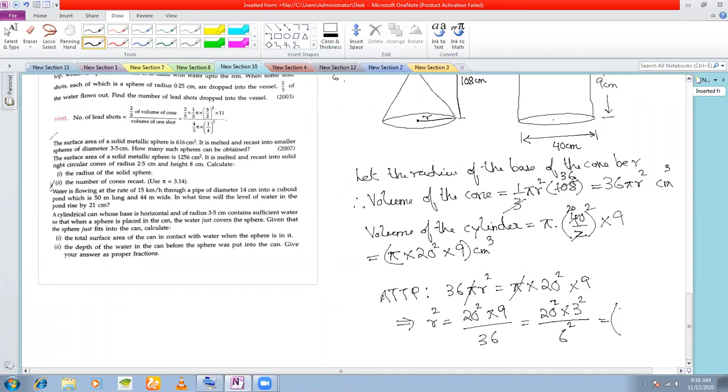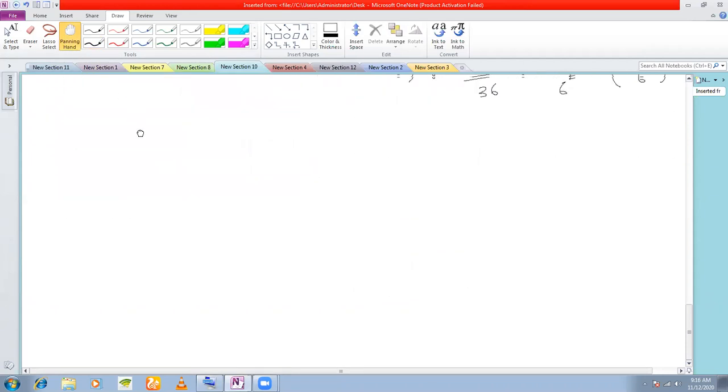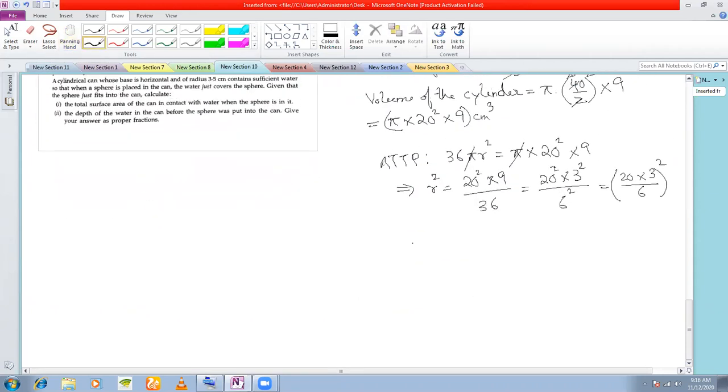So now you can write this as 20 into 3 divided by 6, whole square. So r square is that, which means r is 20 into 3 divided by 6 only. Now you can cancel, and the radius you have got is 10 centimeters.